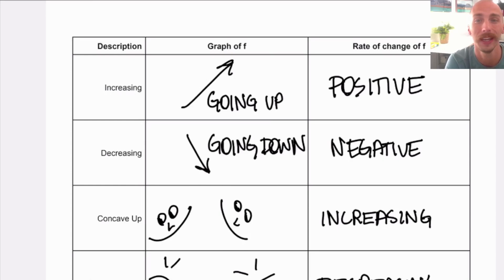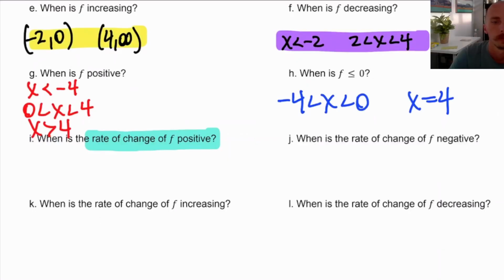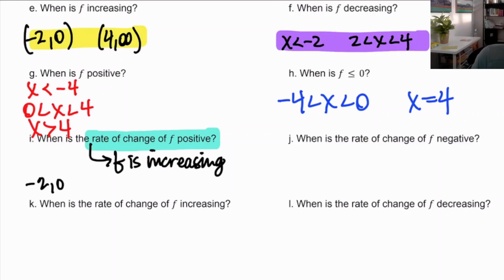But I remember that I've already answered that question, so I'm going to translate the statement into pre-cal, what we know as pre-cal, and then use our result from earlier. So we're translating that to rate of change of f is positive when f is increasing. And we already answered that question. That's when we're running from -2 to 0 and from 4 to infinity.